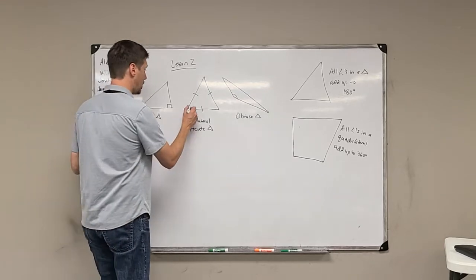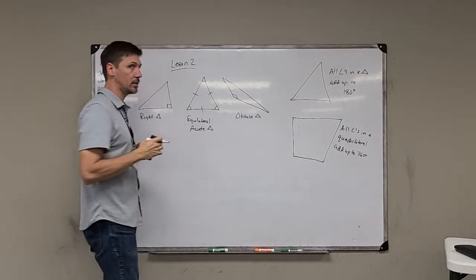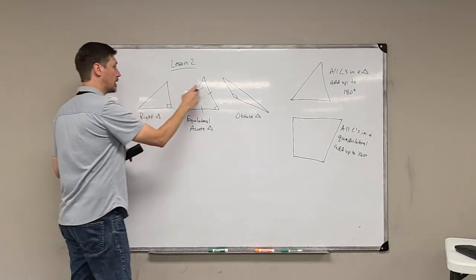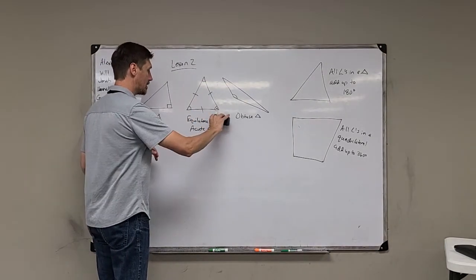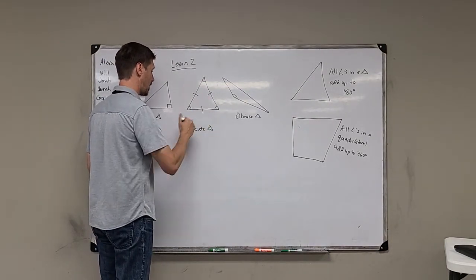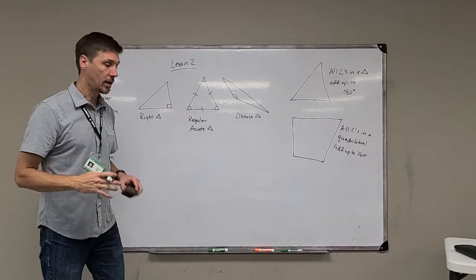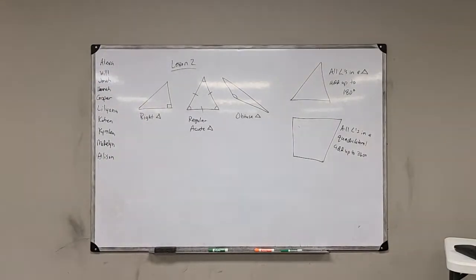If all of these angles are the same, then the length of the sides have to be the same in a triangle. And the reverse is also true. If all of the sides are the same length in a triangle, then all of the angles will be the same. So actually the best way to describe this one is that it's a regular acute triangle. Okay? Sometimes I may ask you to give me multiple names, and there may be multiple names that you put in there because it's both acute and in this case it's also regular, okay?